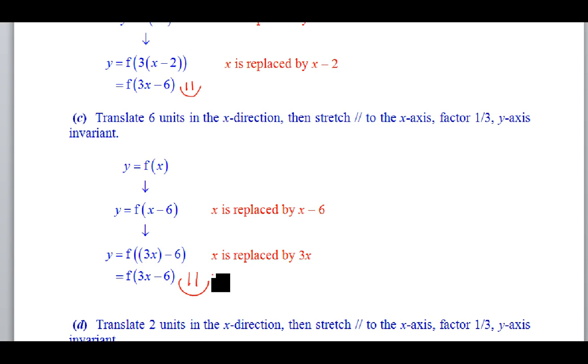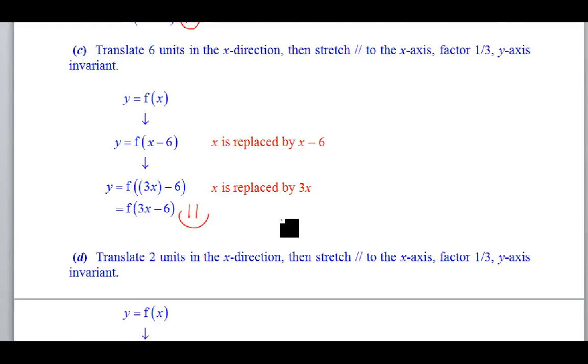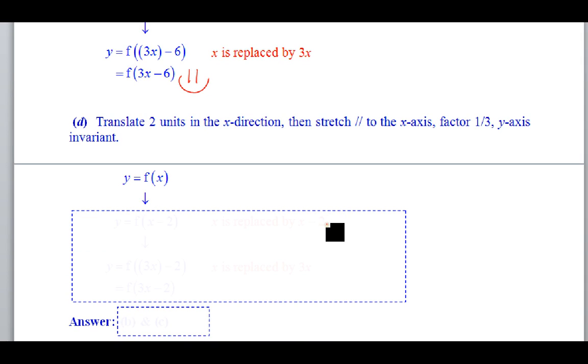So while B is correct, where I stretch by 1/3, translate by 2, C is also correct. That means I translate by 6, then stretch by 1/3. But let's not memorize. Let's focus on the replacement method. Then obviously you know D is wrong. If you use the same idea, D is wrong.